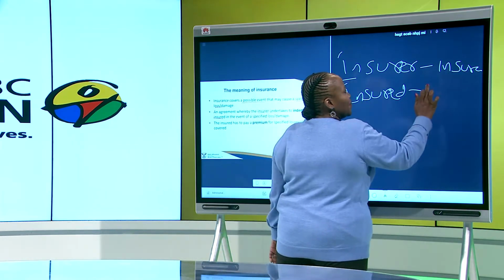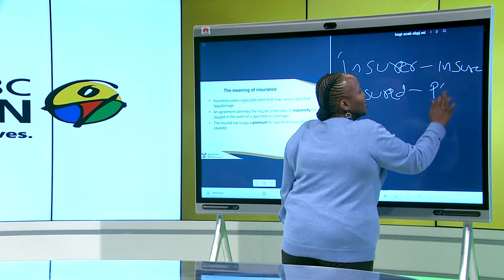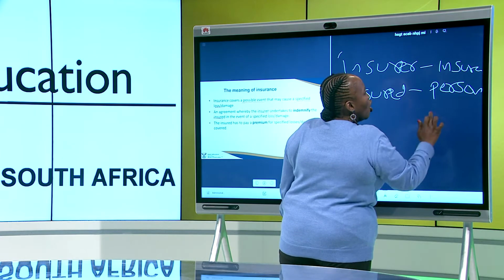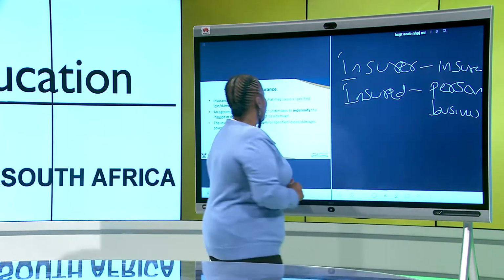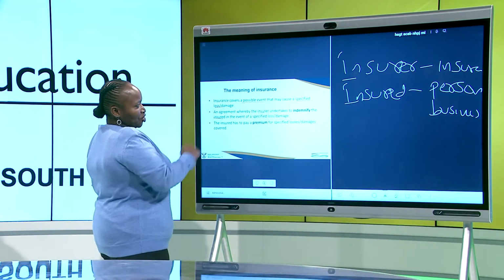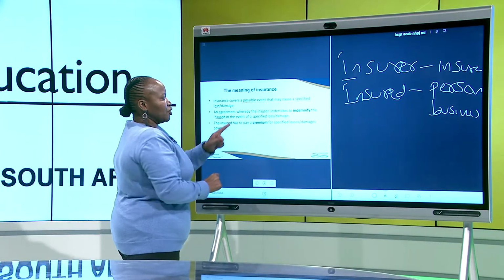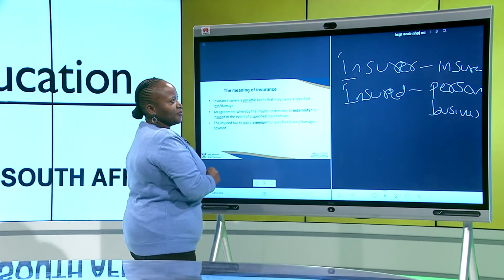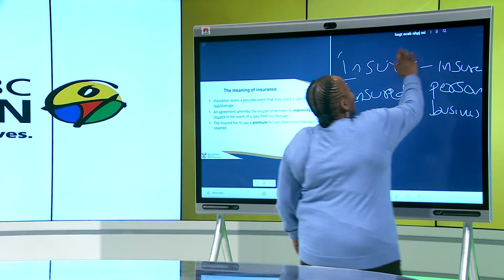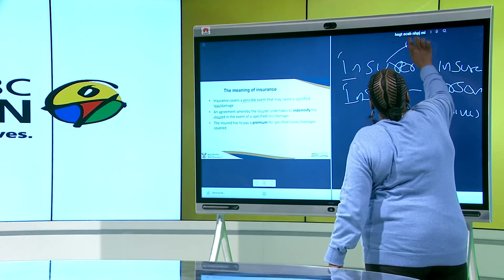The insured is a person or a business, a person who is taking out insurance. It's an agreement between the insurer and the insured. What is this agreement based on? The insurer is going to indemnify.